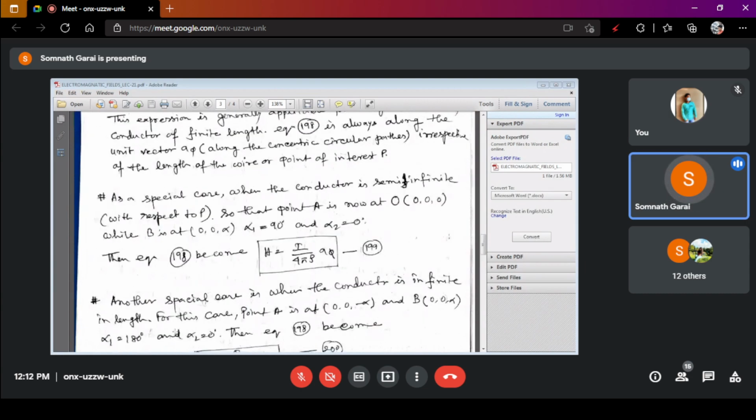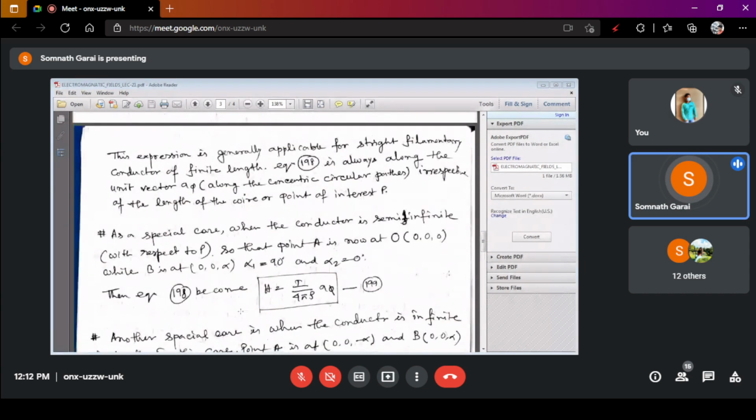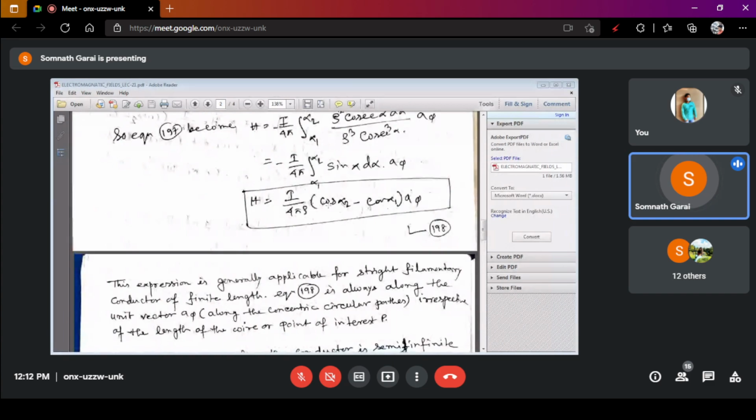Cos 0 is 1, and cos 180, that is cos pi, is minus 1. So 1 minus of minus 1 is 2.